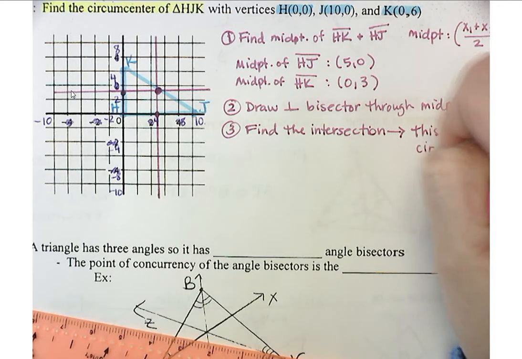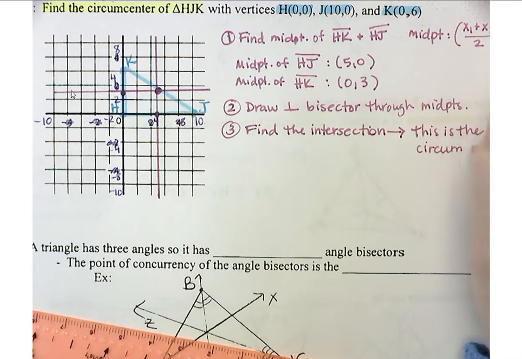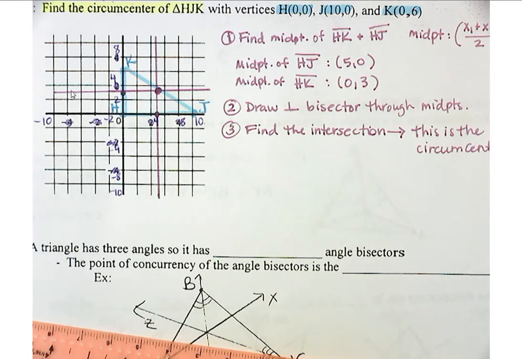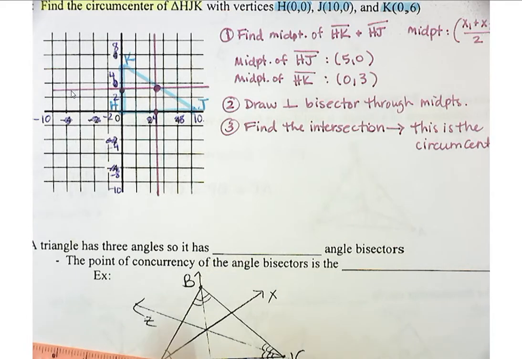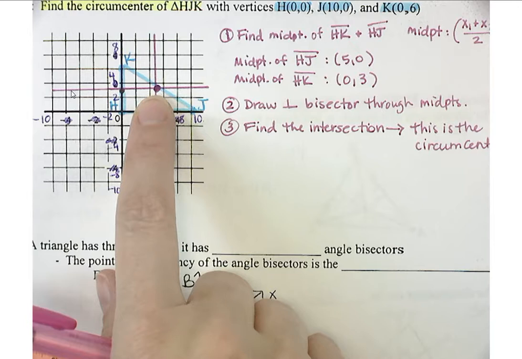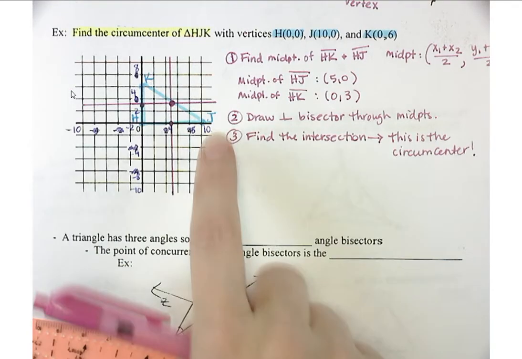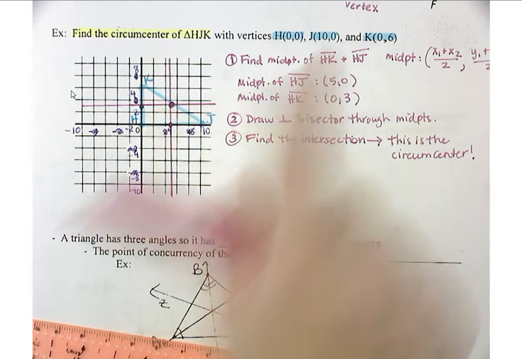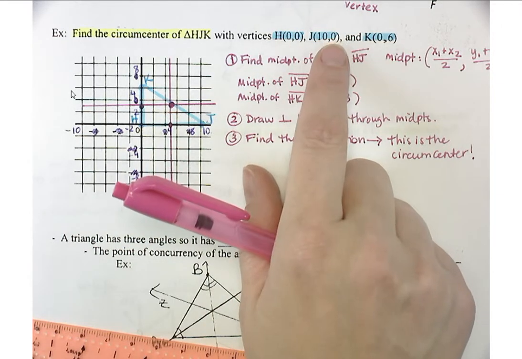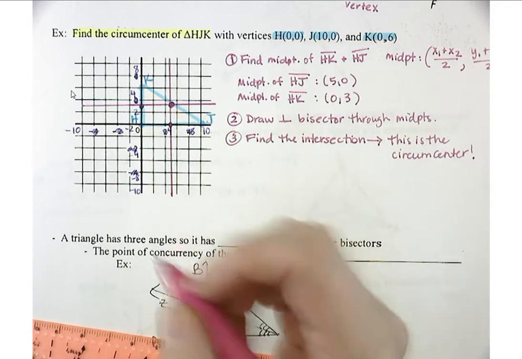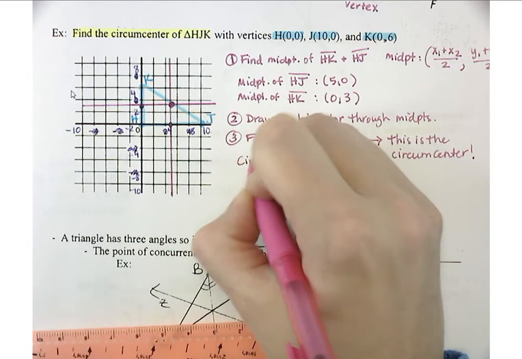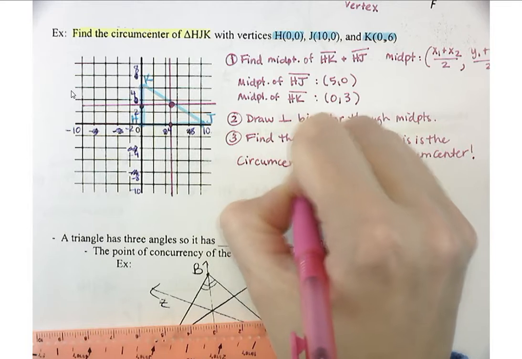Now this one is special because it is a right triangle. So if I were to find the midpoint of KJ, right? If I find the midpoint of KJ here, I would have 10 plus 0 divided by 2, 0 plus 6 divided by 2. What would my midpoint be? It would be 5, 3. It would be the same as your circumcenter.